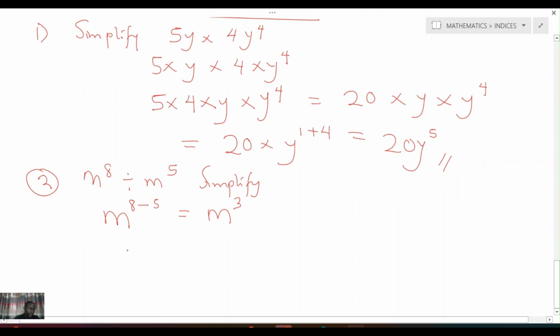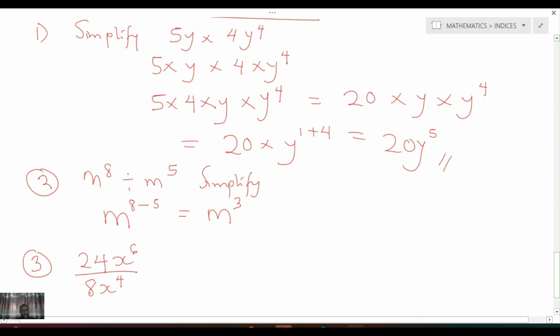Okay, another example. Exercise number 3. Let's say 24x raised to power 6 divided by 8x raised to power 4.